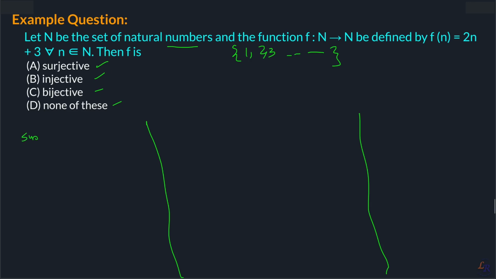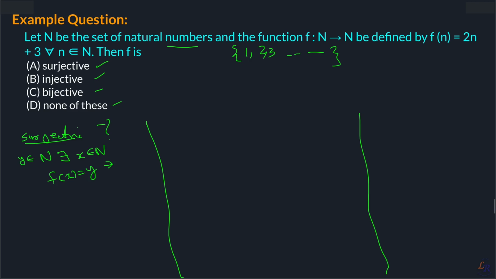So let's say first if it is surjective or not. To be surjective, what we need is that if y is an element of N, then there exists an element x, element of N, such that f(x) = y. If this condition is met, then it is surjective, right? Okay, let's see if this condition holds.